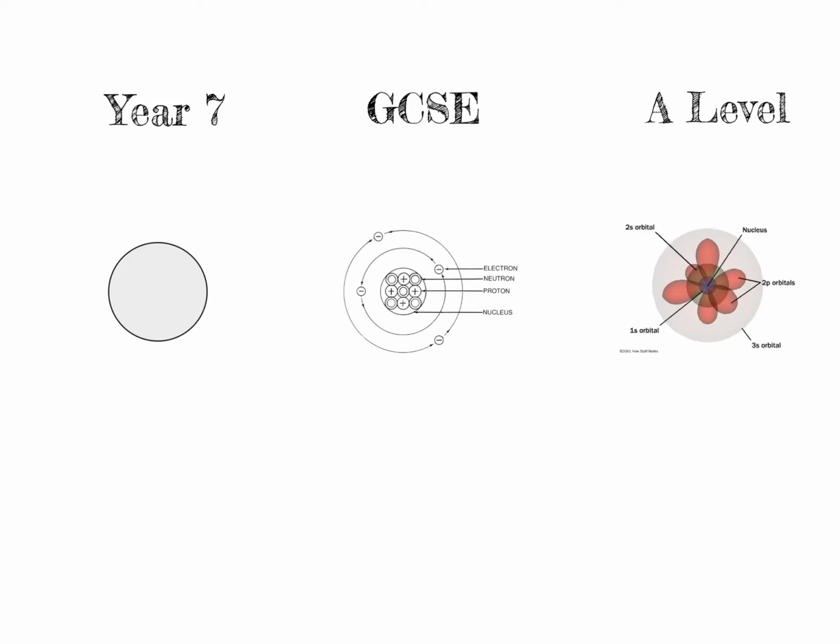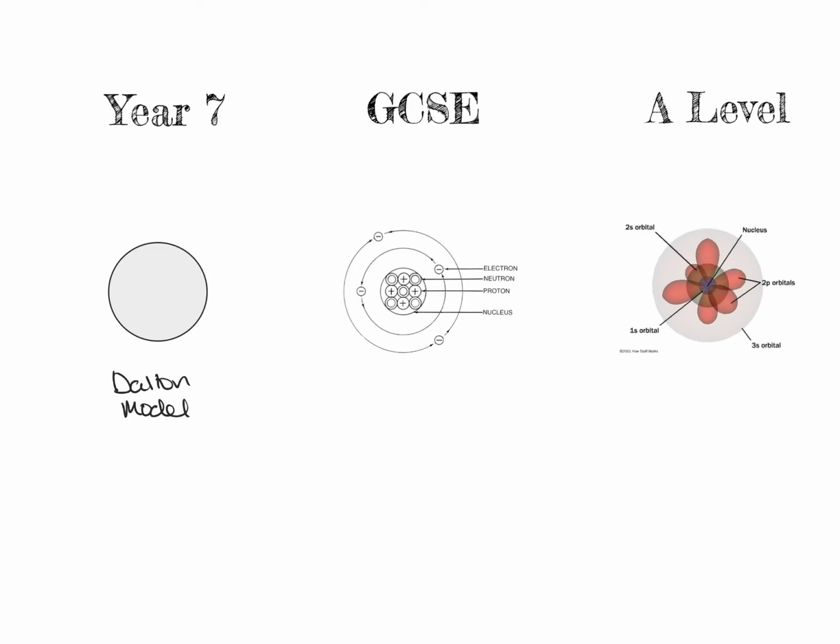So as you progress through your chemistry study, you start looking at different models of the atom, and it's a little bit like the timeline of the development of the atom. So we go from this idea that atoms in year 7 are solid spheres, a little bit like the Dalton model, where kind of like billiard balls or snooker balls, they're just a solid sphere with no real detail at all.